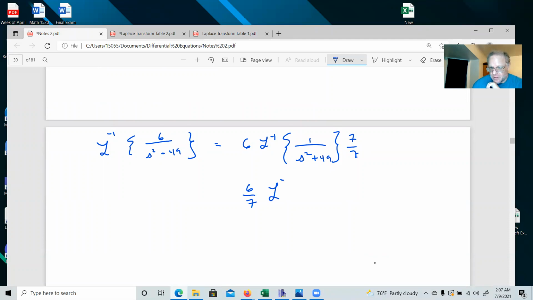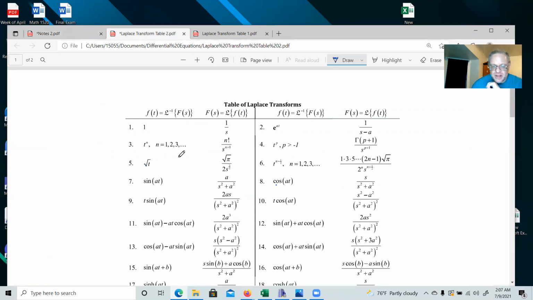So this is 7 over s squared plus 49. So that's 6 over 7. What was this Laplace transform? This was a over s squared plus a squared. So sine of whatever's on top here, sine of at.